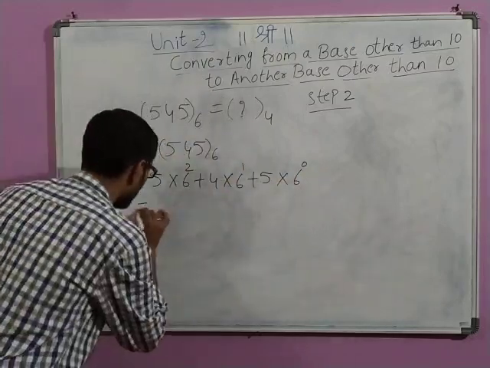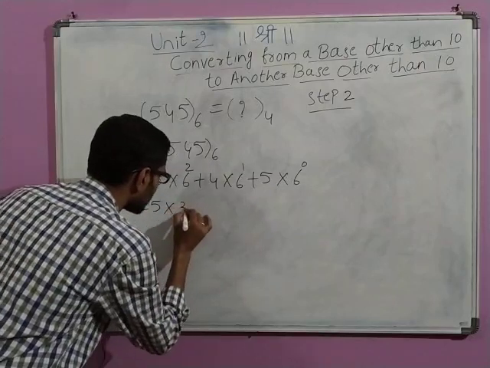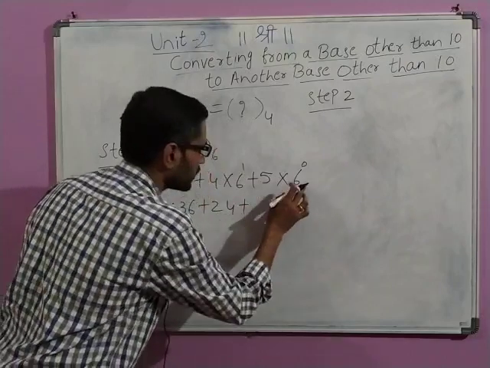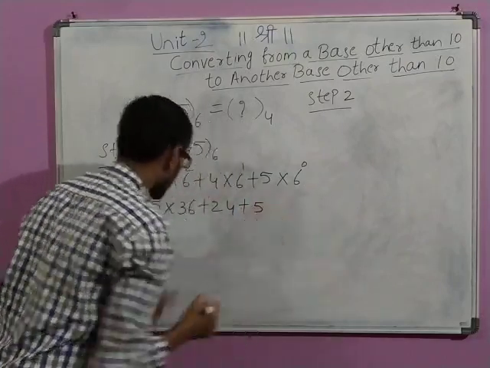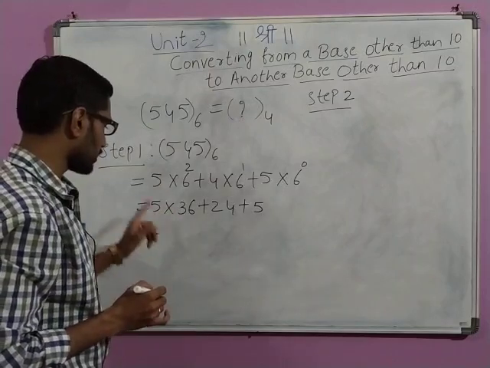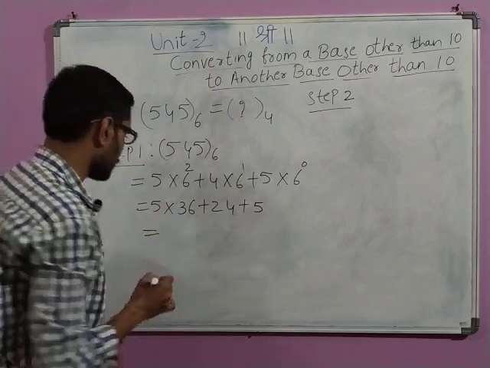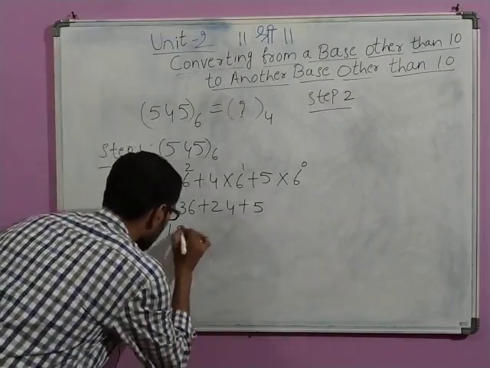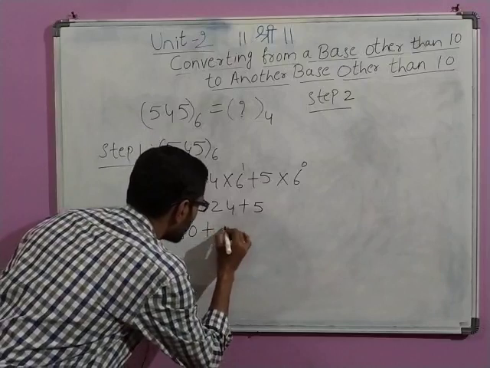So this will be equivalent to 5 into 36 plus 4 sixes are 24, plus 5. This comes out to be 36 into 5, 180, plus 24 plus 5.